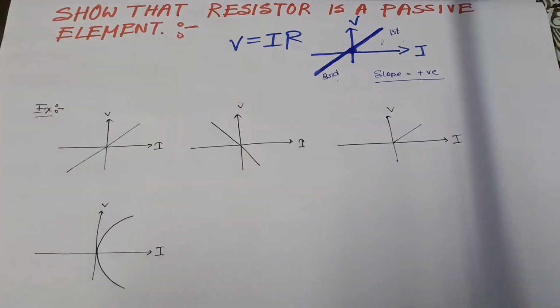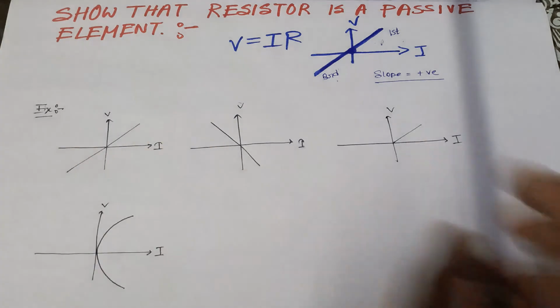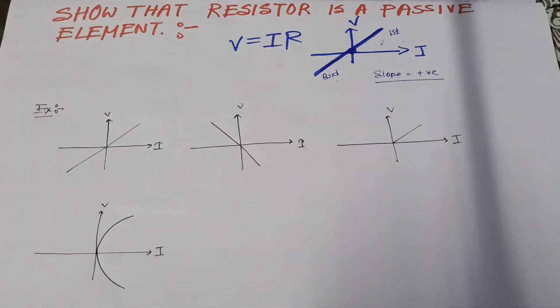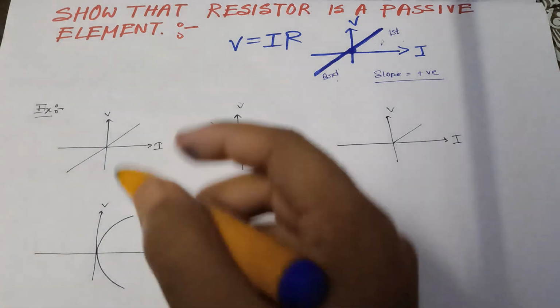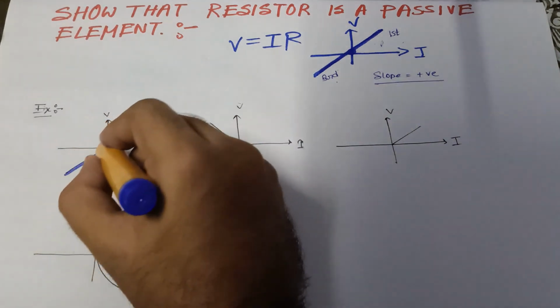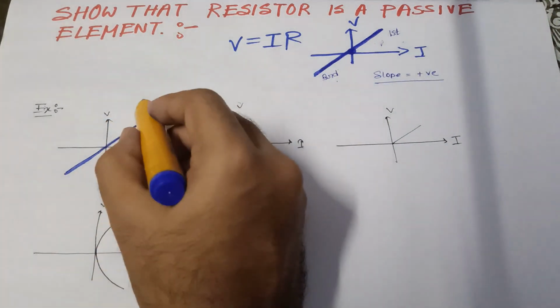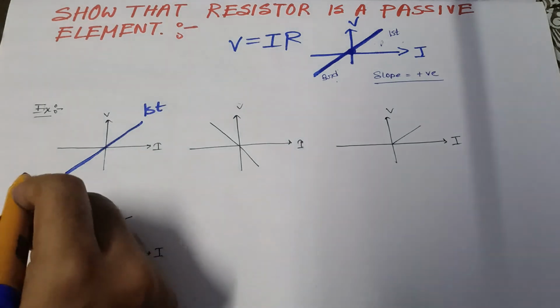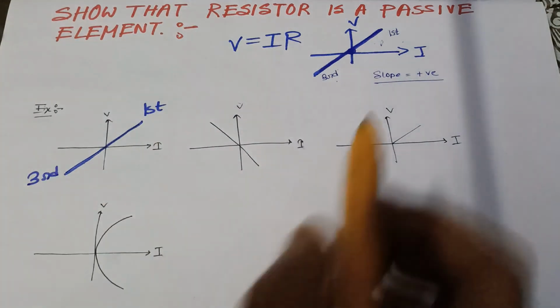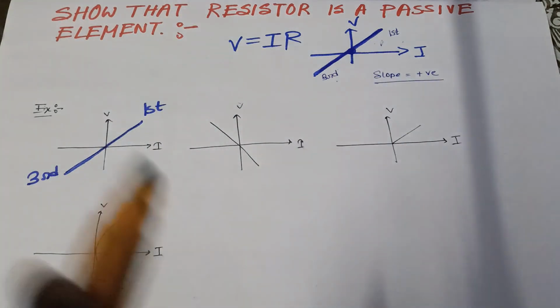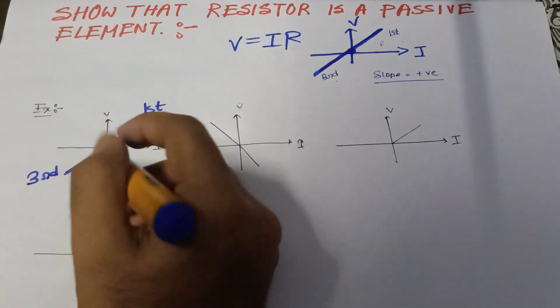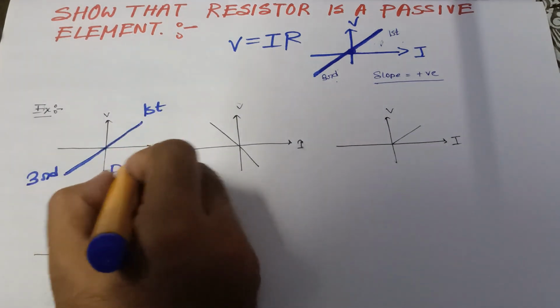So now the graphical analysis. There are 4 examples I have taken, okay. In this first example, see, the straight line is lying on first and third quadrant, just like V equals to I here. So it is a passive element. Why?